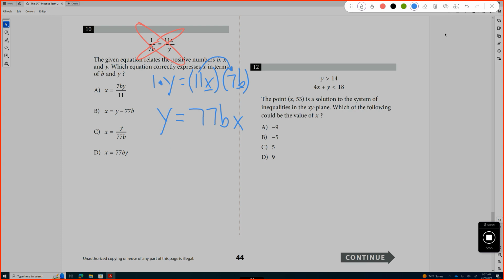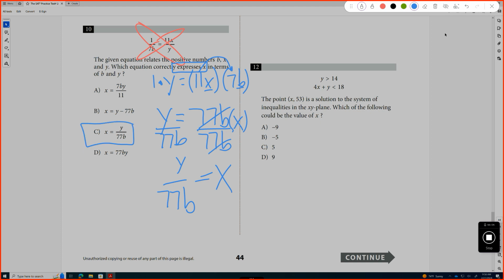So now it says to solve for x. The question is asking us to solve for x. So we need to isolate this variable. That means that we need to divide both sides by 77b. And so when we do, this will cancel into a 1x, and that's going to be equal to y over 77b. You guys can do this. I know it has more letters, but it's the same functions we have been doing, divide or multiply. And so do I have an answer like that? Yes, choice C says y over 77b.